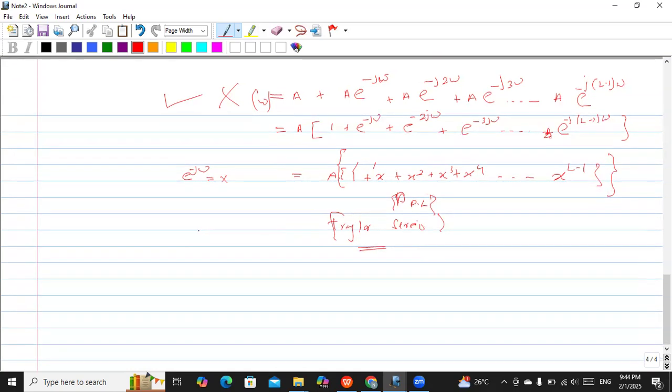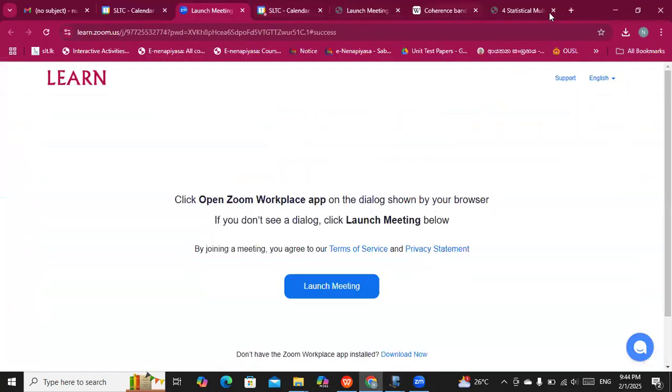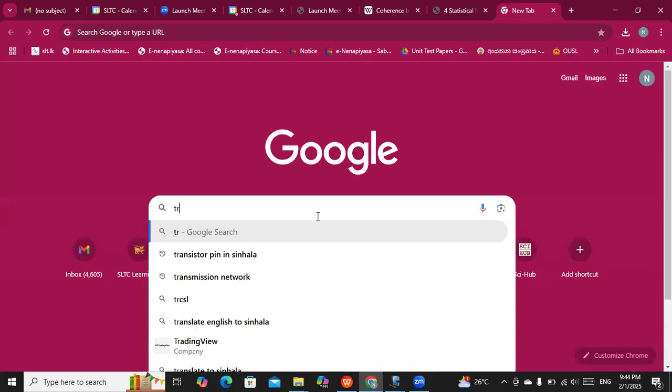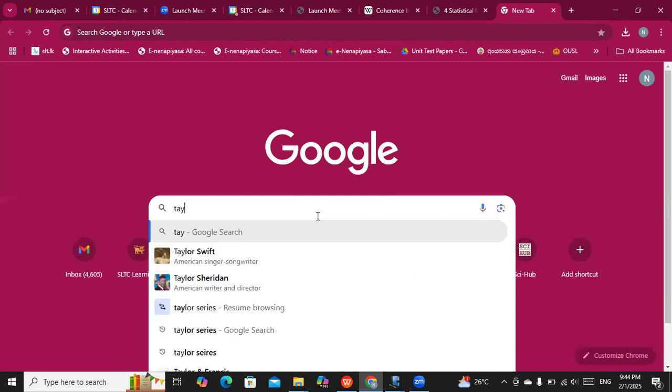Okay, so I think maybe you can remember that Euler formula said that a plus a square plus a3 up to infinity, what is the value? 1 into a minus 1 or something. No, I can't remember exactly. Okay, so maybe we can look at the Taylor series.